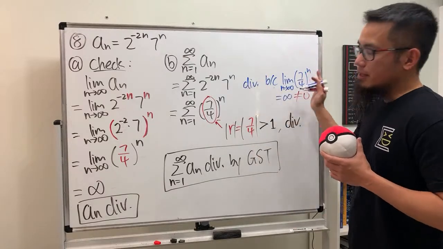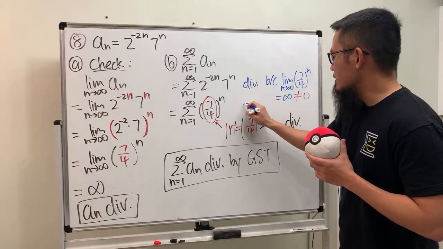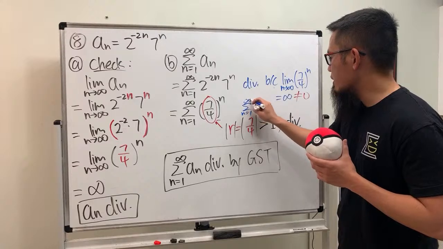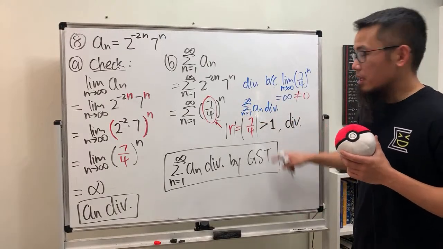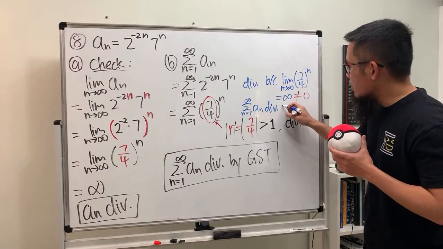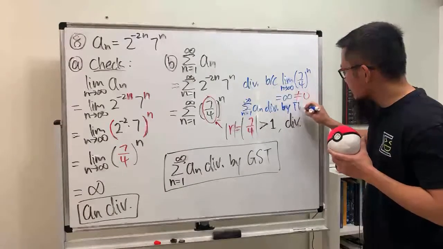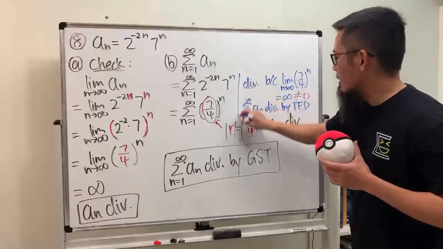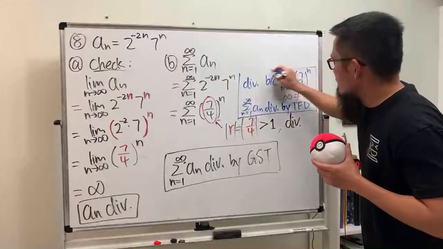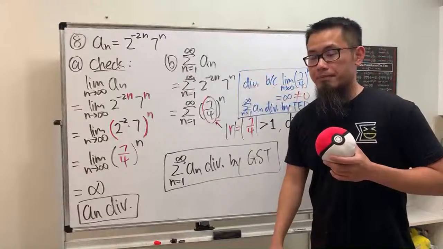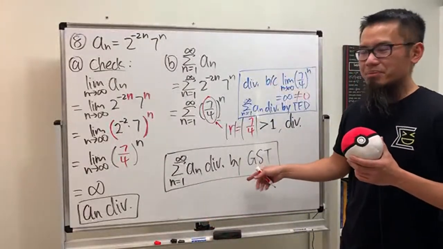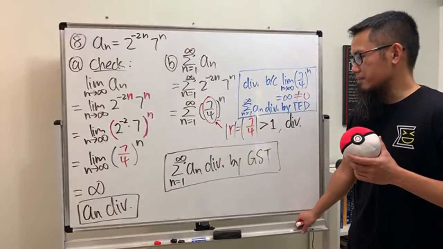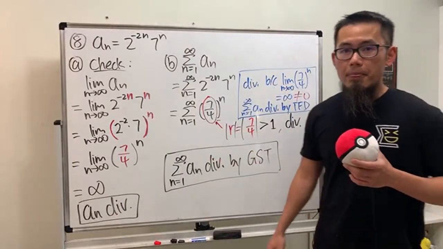If you put this down right here though, then you will just say the series as n goes from 1 to infinity of an diverges. If you use this, you will have used the test for divergence, right? So it depends on which route that you want to take. Yeah, so both are okay. Perhaps this one is better because we are talking about the geometric series already on the 6.